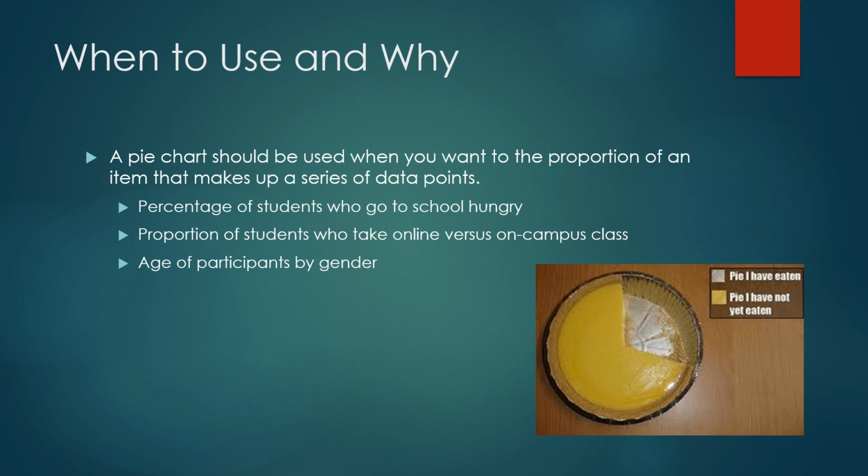So it's going to show you portions in comparison to the whole, which is pretty awesome. And then, of course, this is the favorite pie chart that I like to show. The silver part is the portion of the pie that I have eaten, and the rest is the portion of the pie that I have not eaten.